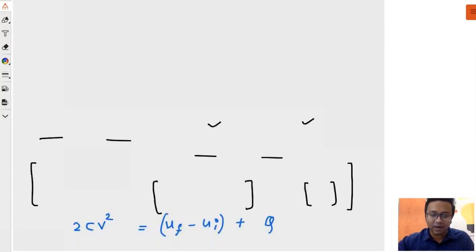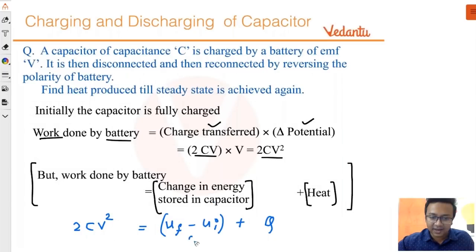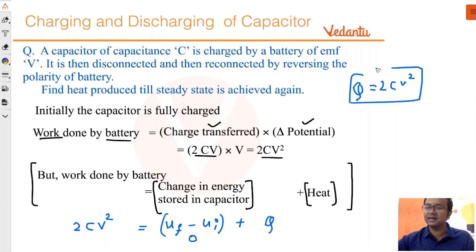So if I put it out here, this is 0, then the heat produced, yes, my dear students, the heat produced is going to be equal to 2CV squared. All right. So that's the basic idea behind the entire question.